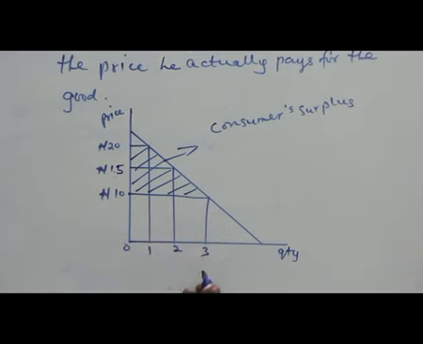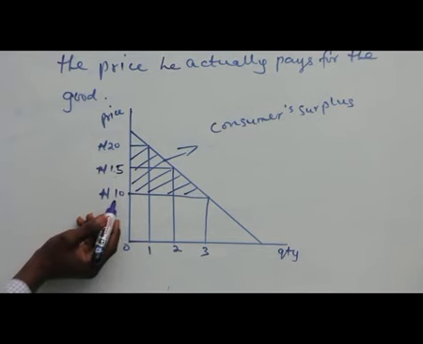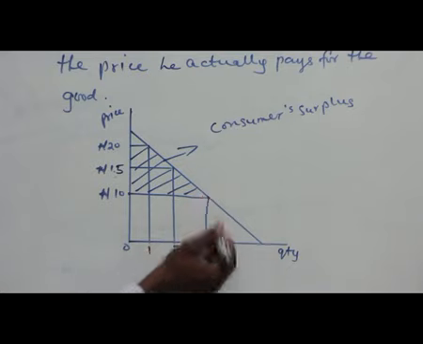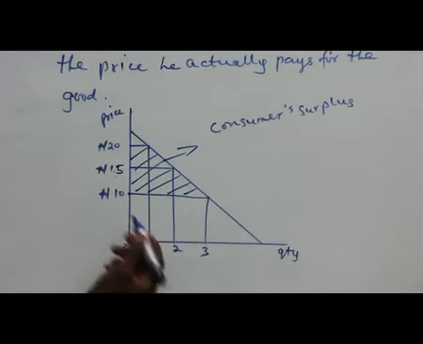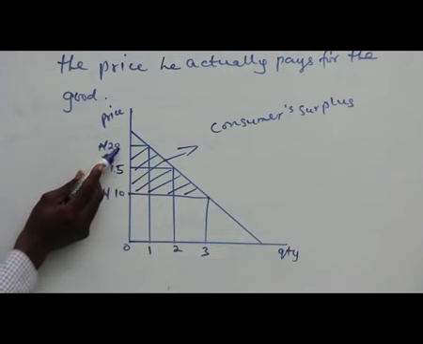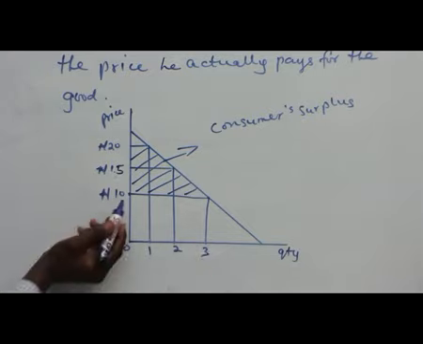Now assuming that he wants to get 3 units of the commodity, and is willing to pay 10 naira, and what the seller is willing to ask him to pay is 10 naira. So there is no consumer surplus at Q3. But from Q1 to Q2, the consumer has gained surplus. But at Q3, there is no surplus.